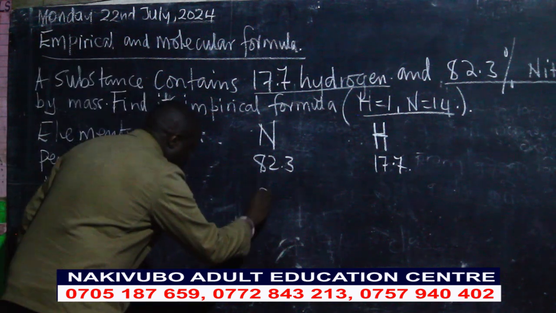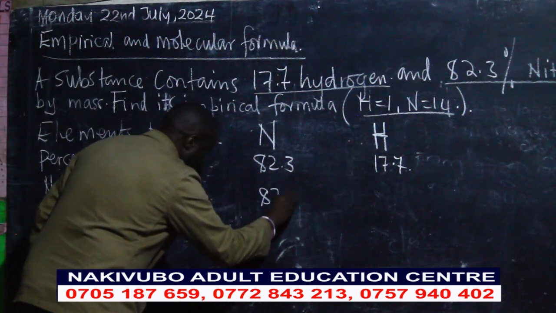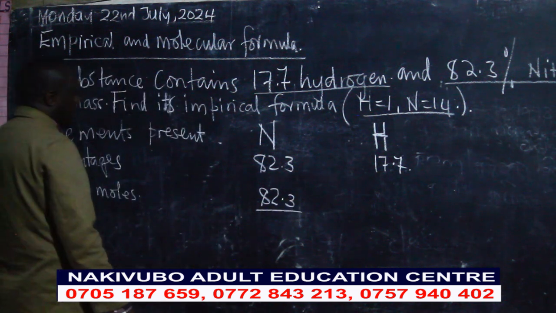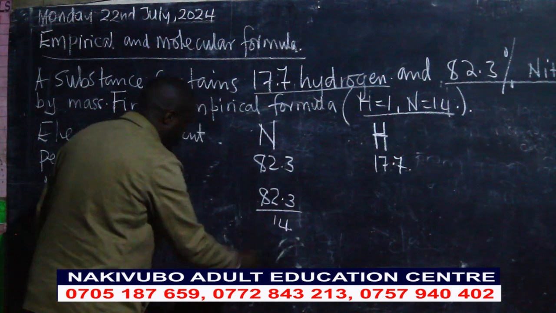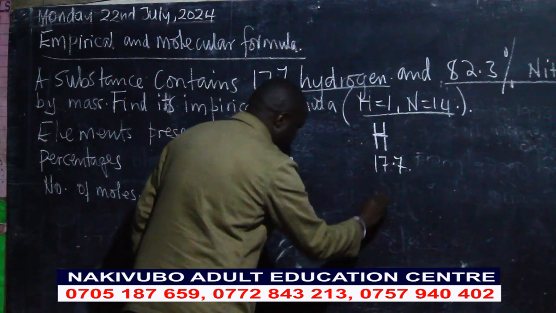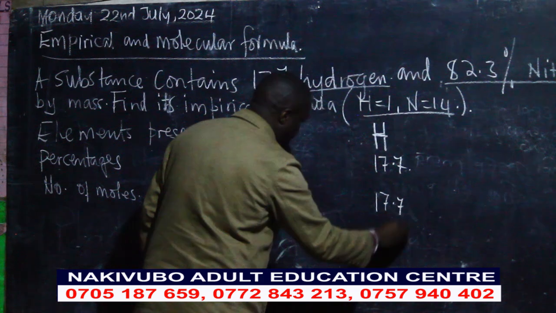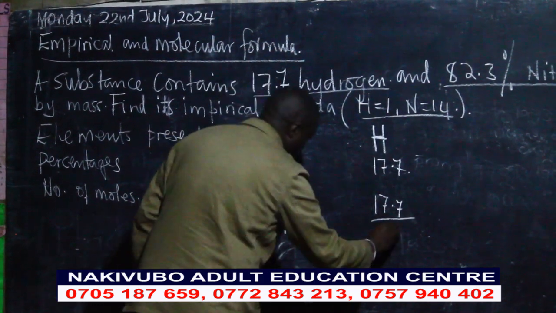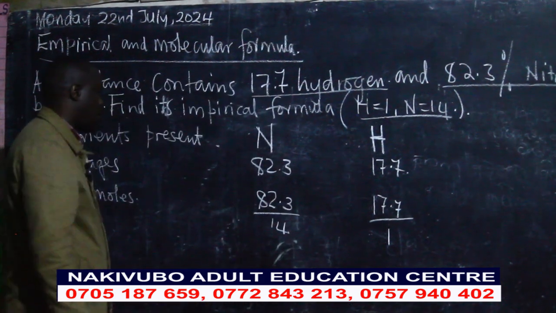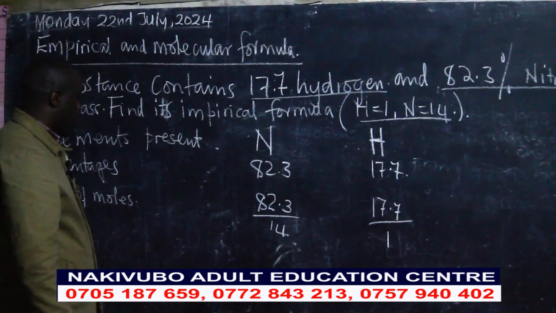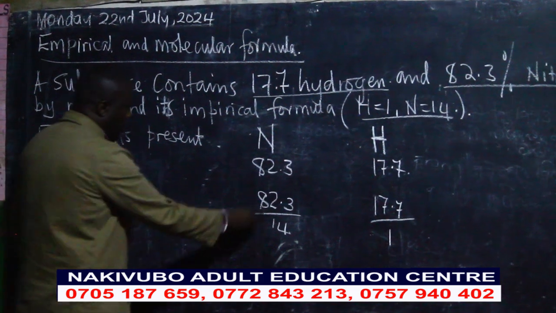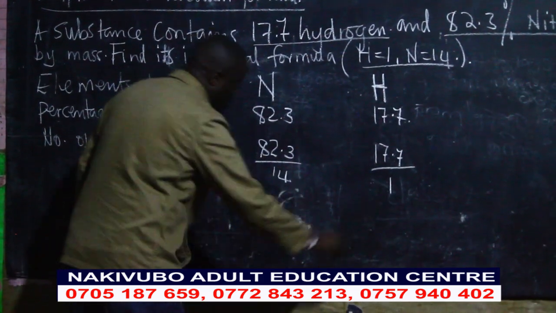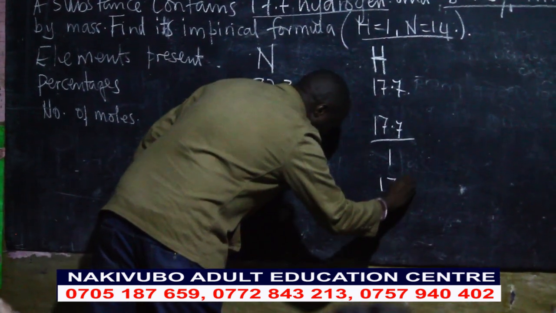So this gives you 82.3 divided by the atomic mass of nitrogen, 14. Then 17.7 divided by the atomic mass, which is 1. So divide this and give me the moles. This will be 17.7.